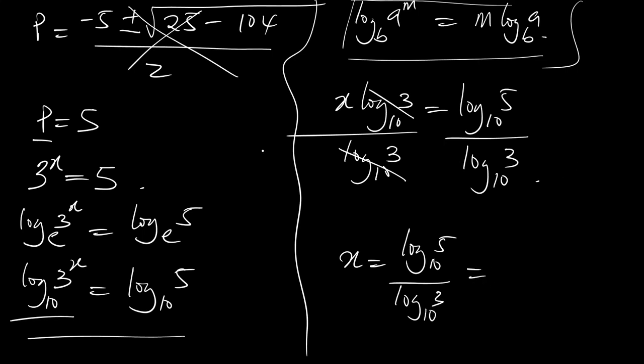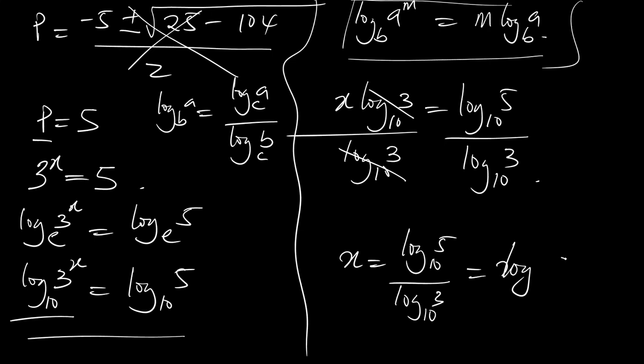According to the change of base in log, log a base b is the same thing as saying log a base c divided by log b base c. So from this, x is the same thing as log 5 base 3. So x is equal to log 5 base 3. This is the final answer.